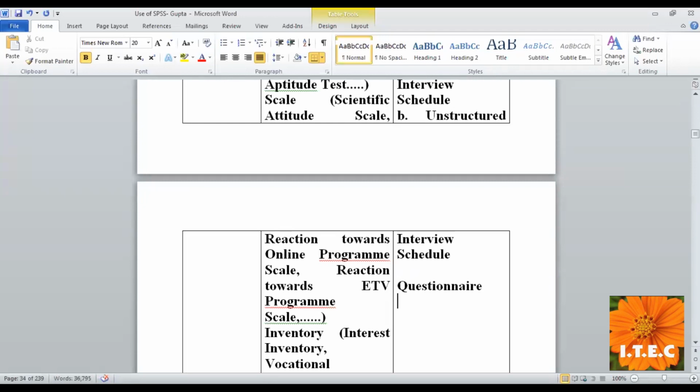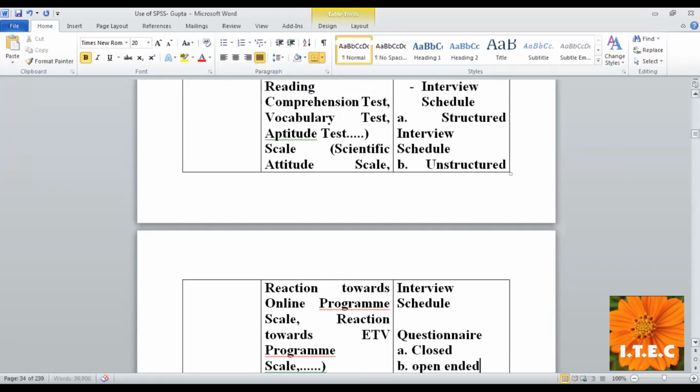Questionnaire will be of two types. One is called closed and another is called open-ended. Now, your observation schedule, interview schedule, and questionnaire will give you the qualitative information and may also give you the quantitative information.